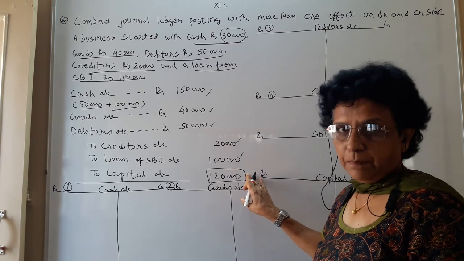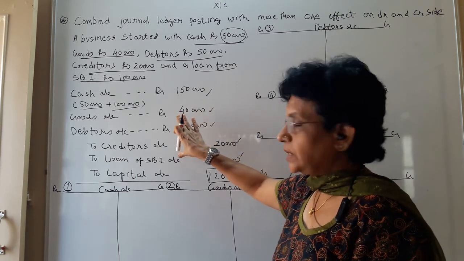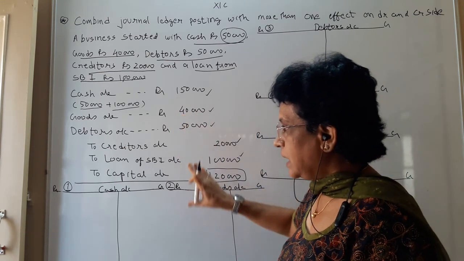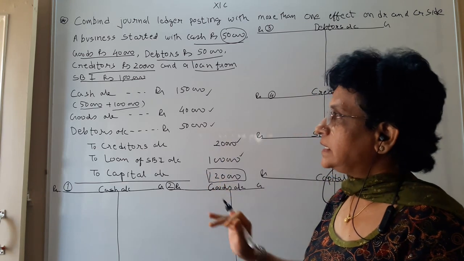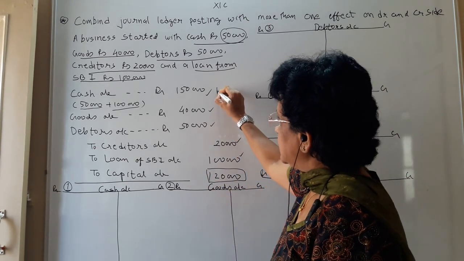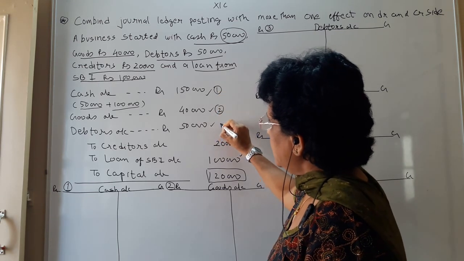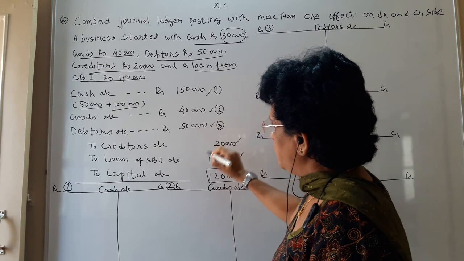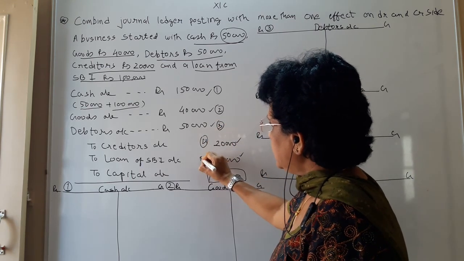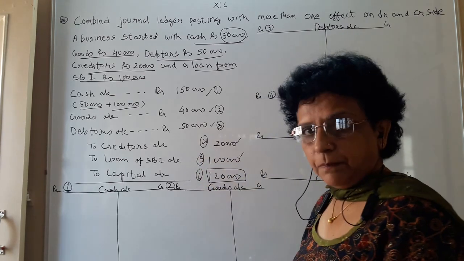This is your capital. In our journal chapter, we have done this journal entry. Now, how do we do the ledger posting of the opening journal entry? Let us decide how many ledgers you need. You need one ledger of cash, second of goods, third of debtors, fourth of creditors, fifth of loan, and sixth of capital.